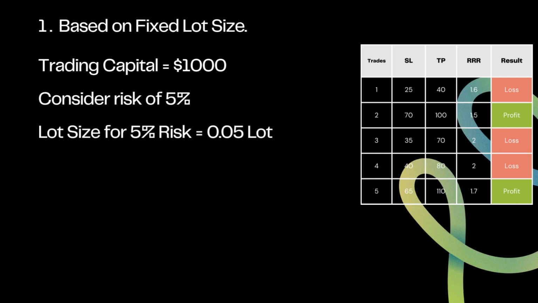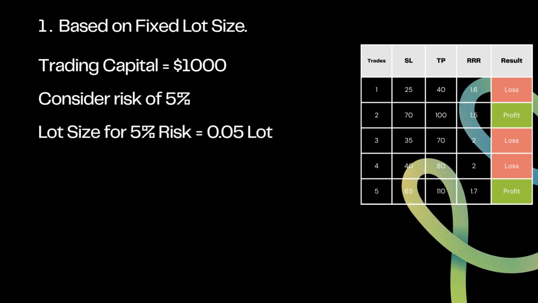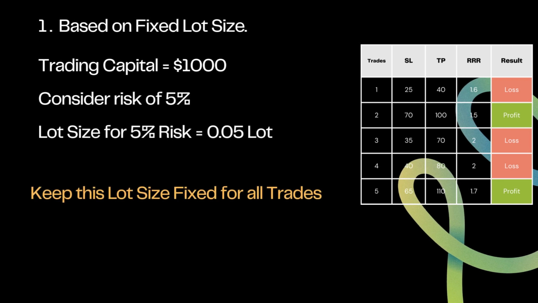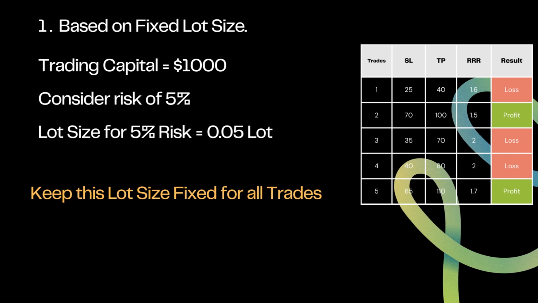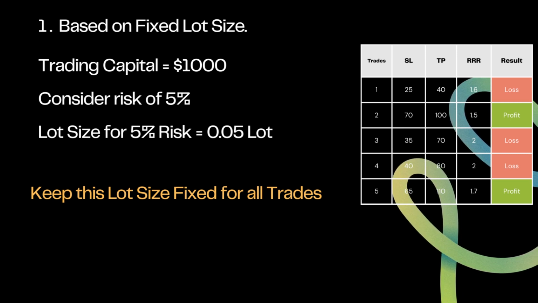The lot size for 5% risk is equal to 0.05 lot. Which means this lot size has to be considered fixed for all our trades. That is the concept. We will be keeping the same lot size for all the trades that we take.